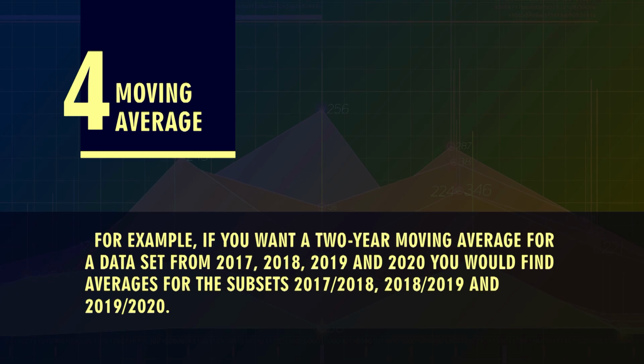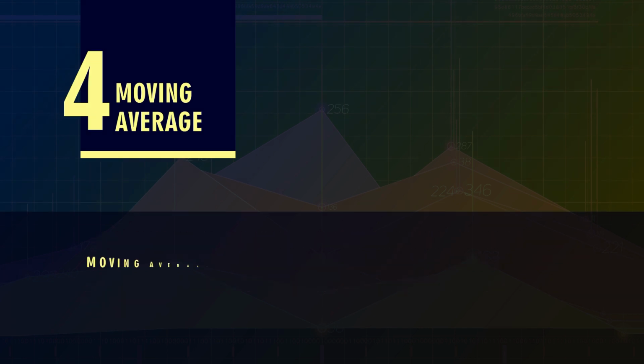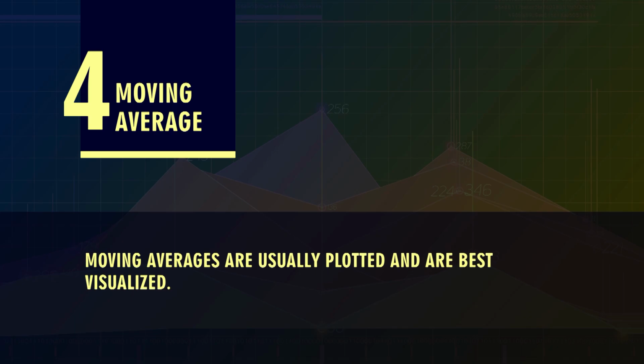So you have bifurcated these 4 years into subsets of 3, that is a combination of 17 and 18, a combination of 18 and 19, and a combination of 19 and 20. Moving averages are usually plotted and are best visualized. This is one of the best ways of measuring trends and analysis.